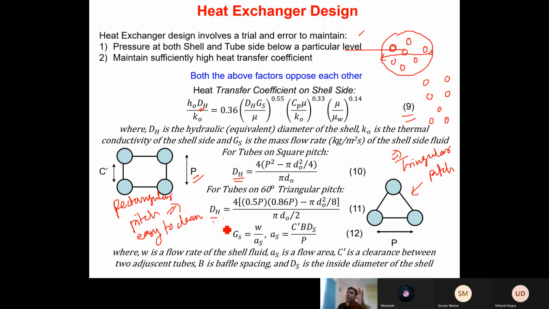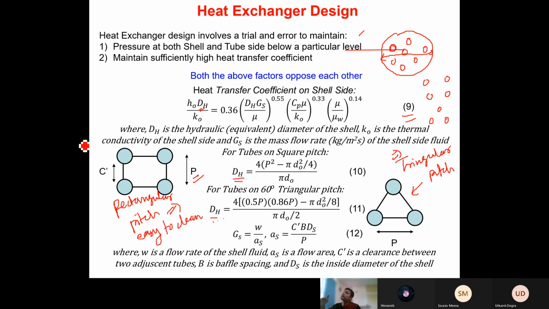Remember, in a pressure drop problem, the wetted perimeter is a different thing, isn't it? In a heat transfer problem, this hydraulic diameter is calculated in a slightly different way. Okay. So once we get this hydraulic diameter, we can put it in this equation and then calculate the shell side heat transfer coefficient.